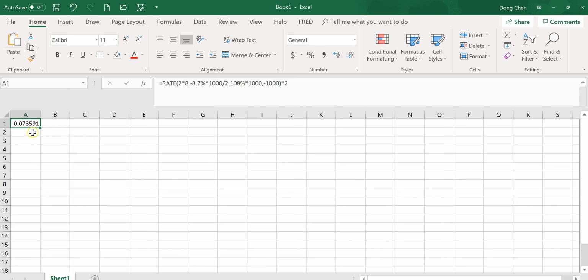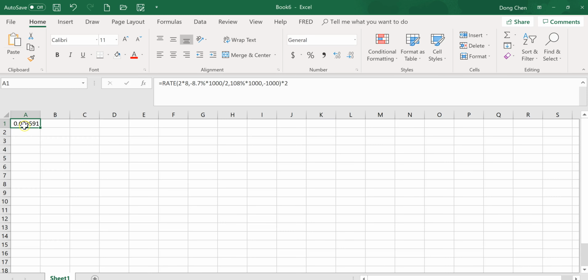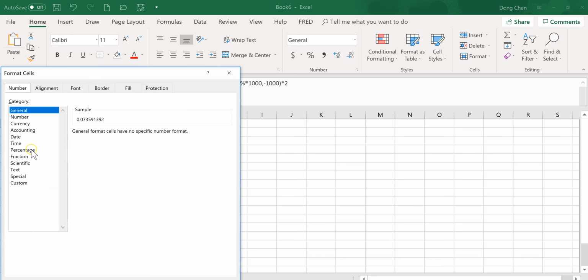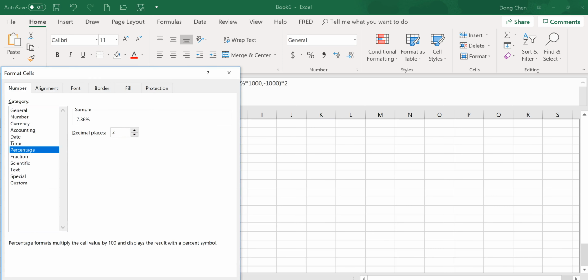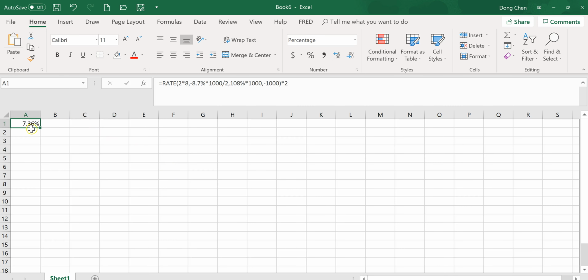You can see it's 0.07359, and we should keep that in terms of the percentage. So let me format cells and use the percentage and keep 2 decimal places to be consistent with the rounding requirement. So it's 7.36%.